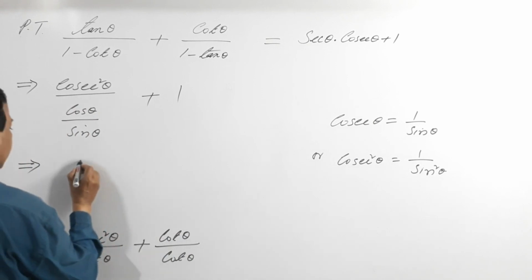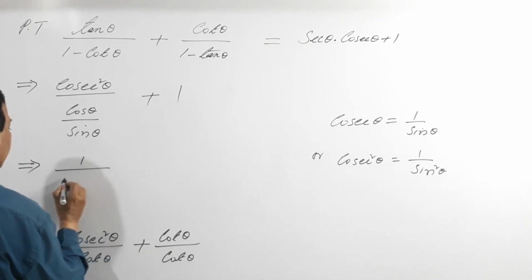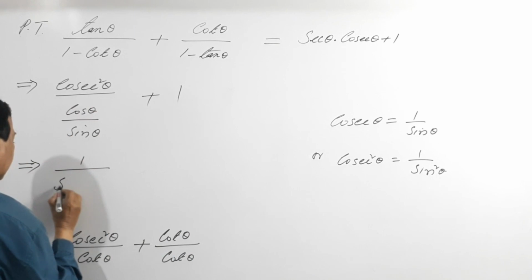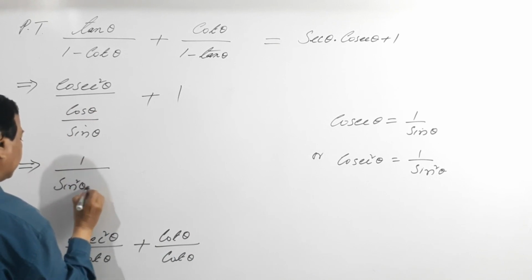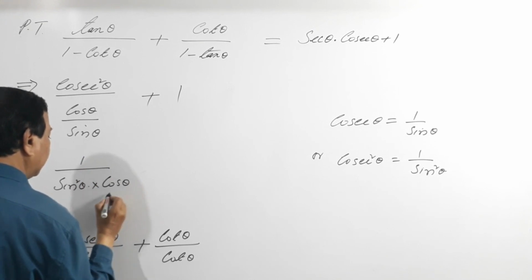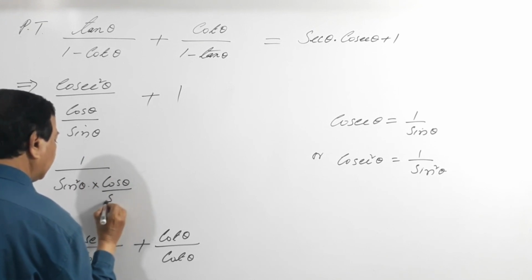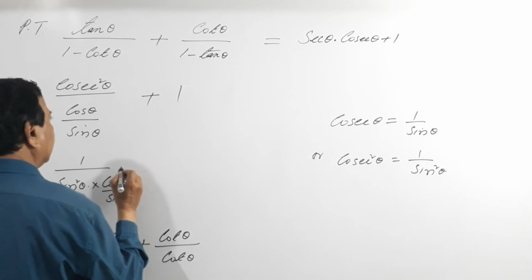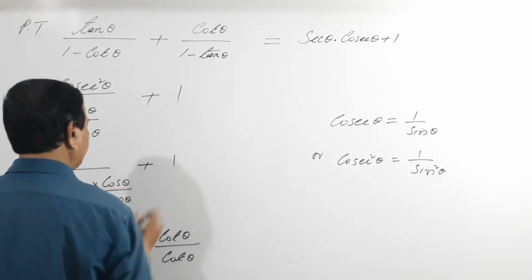So this becomes 1 by sin square theta into cos theta by sin theta, plus 1.